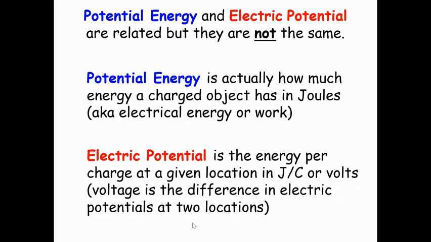Electric potential is energy per charge, so that no matter what the amount of charge at a given location, the electric potential will be the same. And another name we give for electric potential is voltage. Voltage is the difference in electric potentials from two locations. You measure the two potentials and then you subtract them to take the difference.